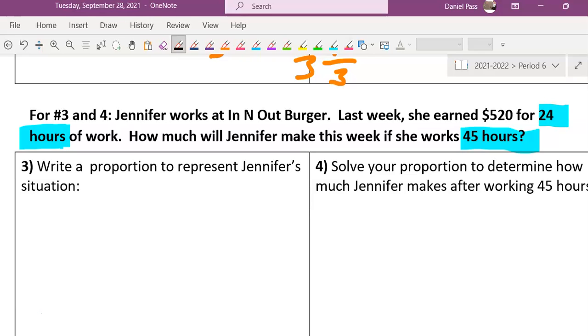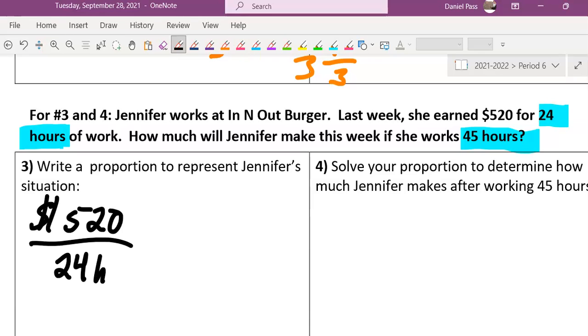I wrote 520 over 24. Okay, I'm going to put dollars just to make sure we have the units here. 24 hours equals x over 45. Do we agree, everyone? Yes. Alright, and then what do you do?